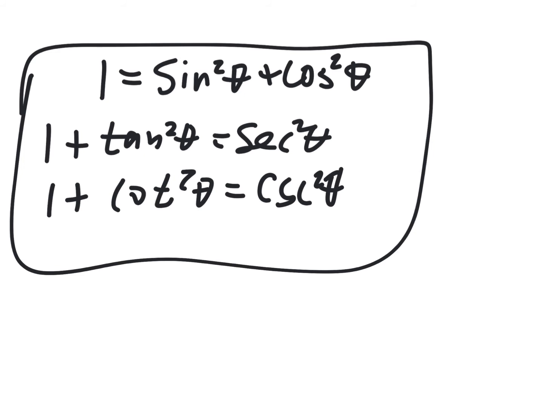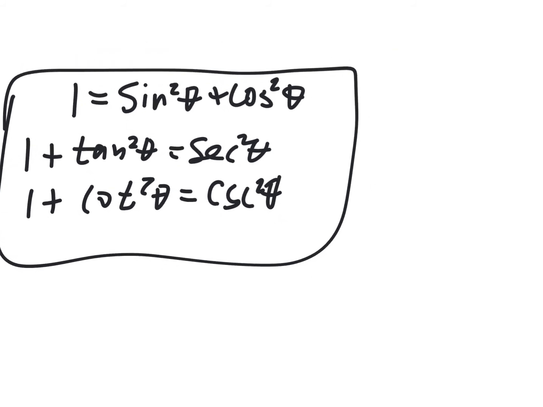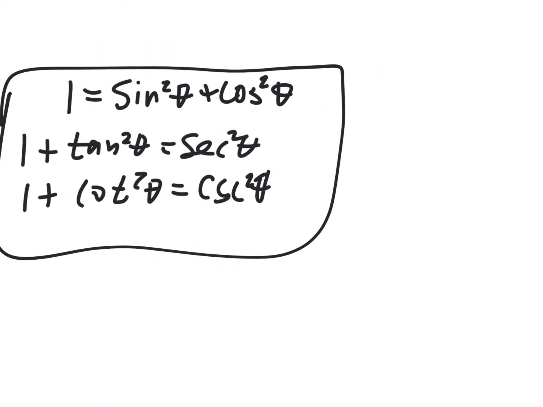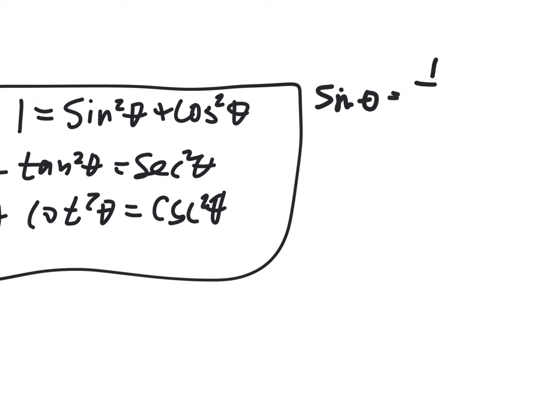Okay, you also have to know this set, and that's that sine, and not squared, just sine, is 1 over what? You should know this. What's sine? 1 over, yep, cosecant.